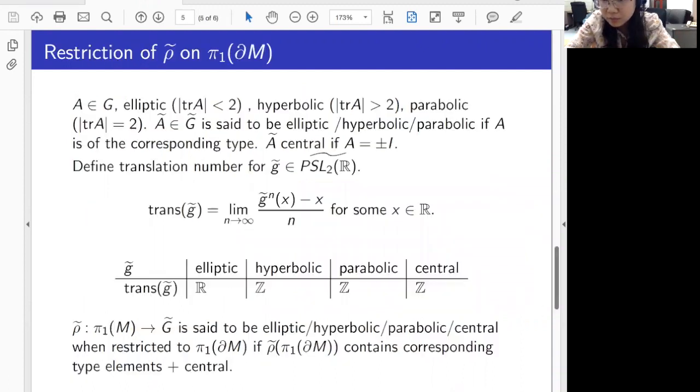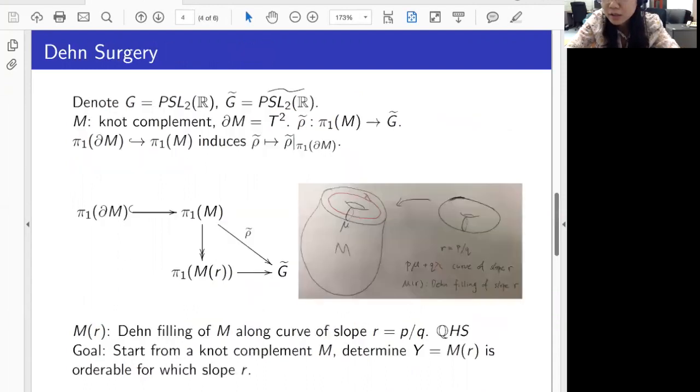However, if the restriction of the representation to the boundary belongs to different types, then my parameterization needs to be adjusted accordingly. In the second half of my talk, I'm going to tell you how to parameterize these representations. Okay, so this is the end of the first half of my talk.